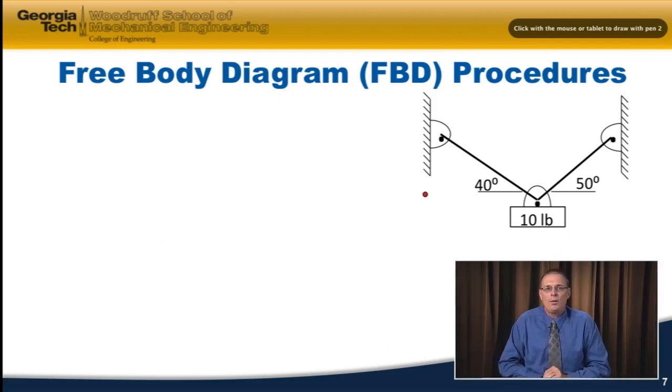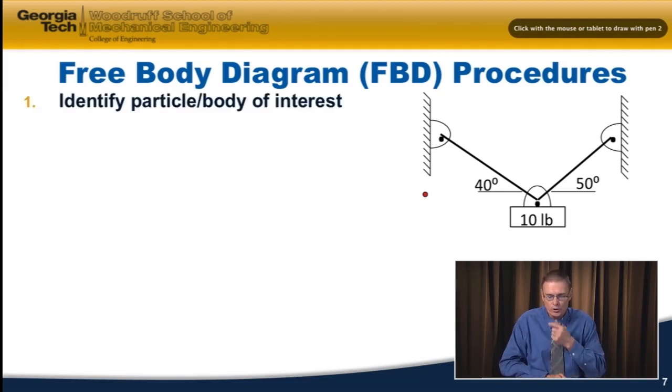So let's now, as a last step in this module, look at a procedure for drawing something called a free body diagram, or a graphical tool for applying the equations of equilibrium. We're going to use this throughout this course. The first step is to identify the particle or body of interest that we want to apply equilibrium to.